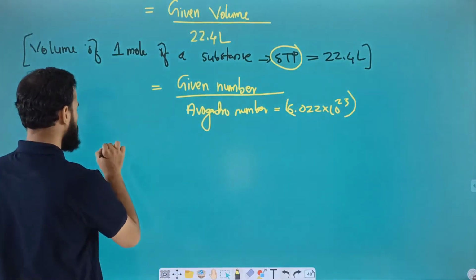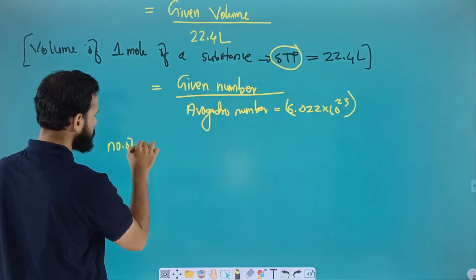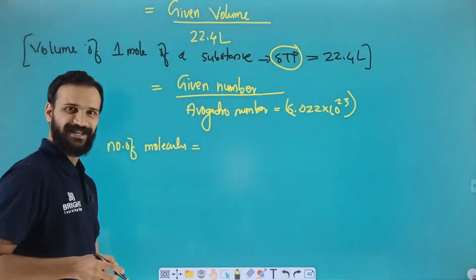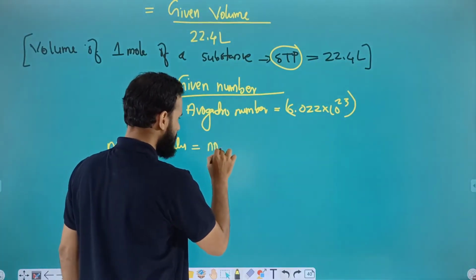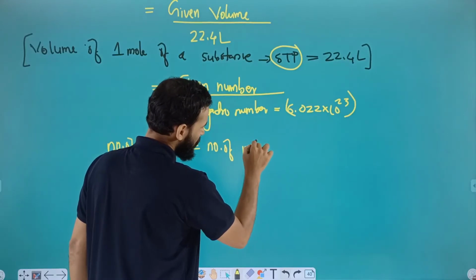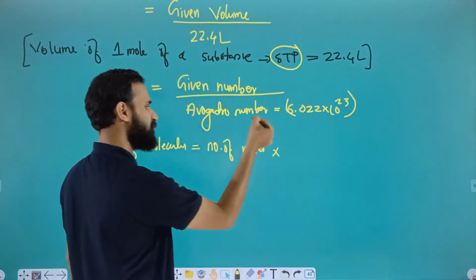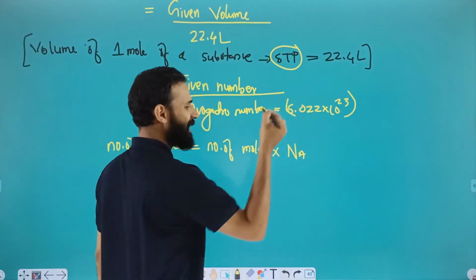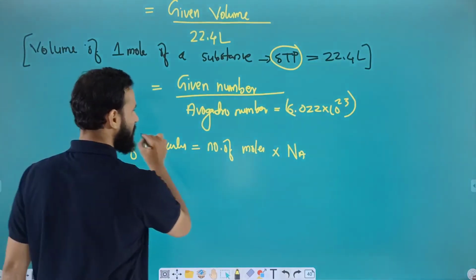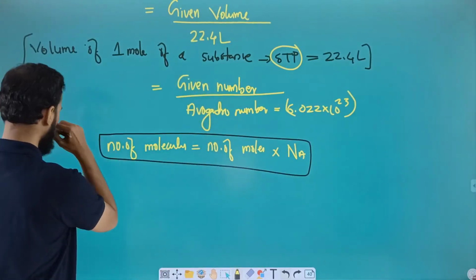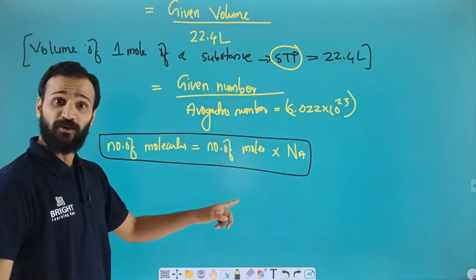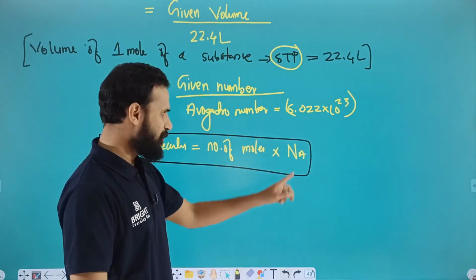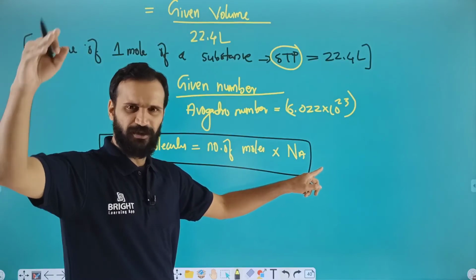Let's note this: number of molecules is equal to number of moles into Avogadro number. This is the equation we can use to calculate number of molecules. So Avogadro number, you know, is 6.022 into 10 raised to 23.